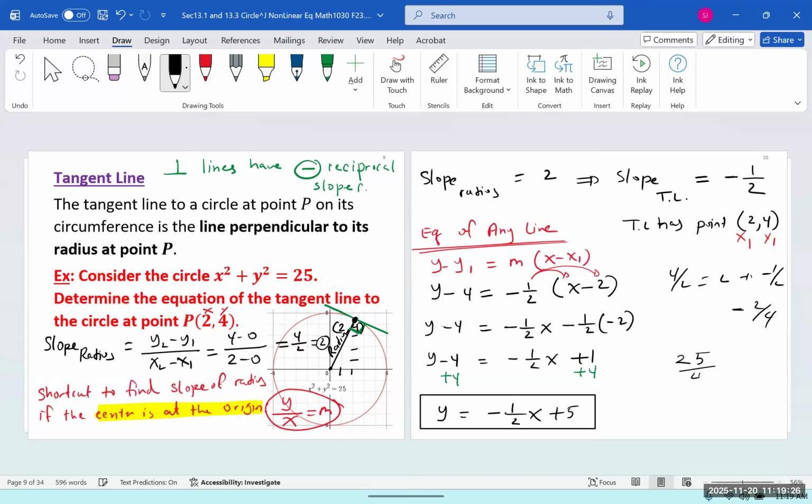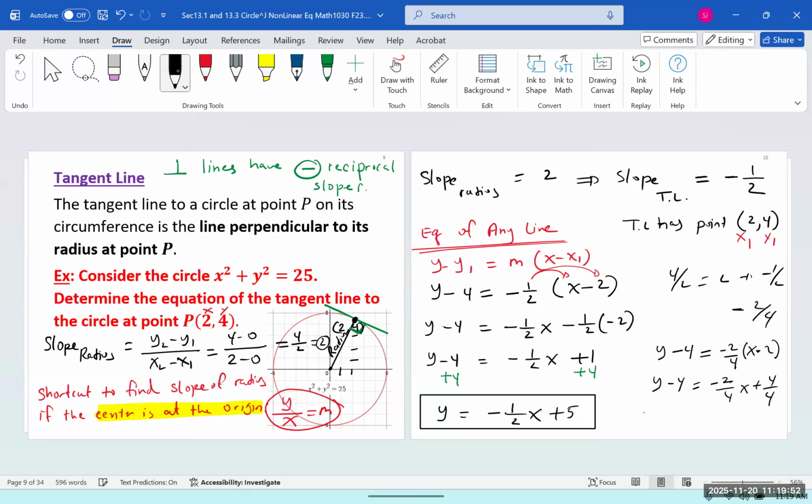Okay, if you do negative 2 over 4, then we have 25 over 4. Why doesn't it work? Let me see. y minus 4 equals negative 2 over 4 times x minus 2. So y minus 4 equals negative 2 over 4 x plus 4 over 4.